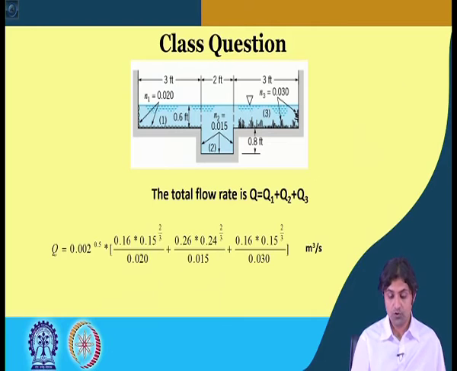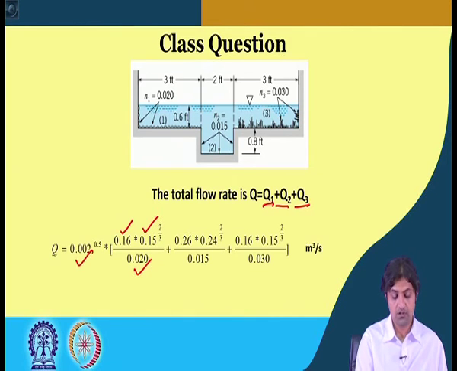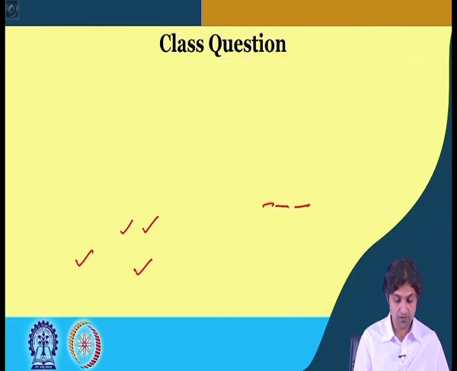So, the total flow rate is Q1 plus Q2 plus Q3. With those values, Q is the sum of area multiplied by RH to the power 2 by 3 and S naught to the power half, divided by n, because that is what the formula says.